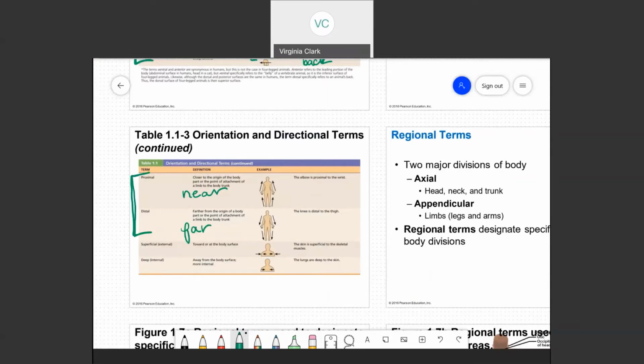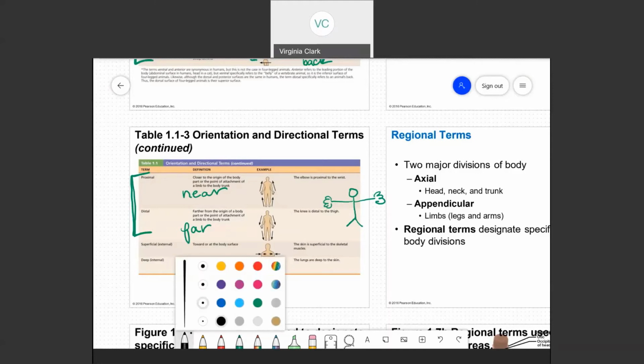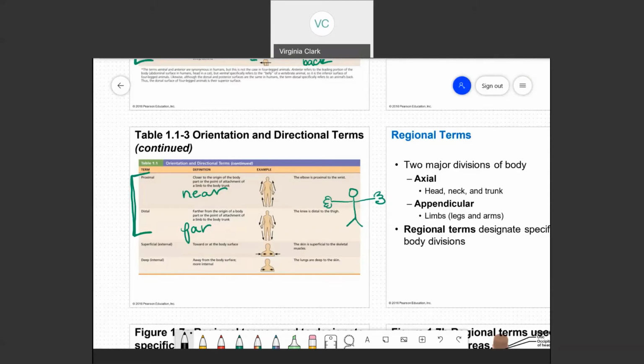These are very bad examples, so I don't really like these guys, but if I were to draw a little stick figure right here, with their hands out, again, I'm not an artist, y'all. When you look at this guy, essentially what you're saying is, if you were to look at your elbow right here, your hand is proximal to your elbow.